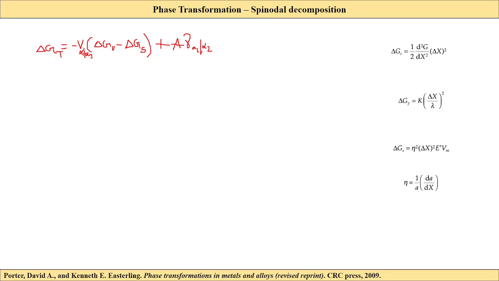V is the volume of alpha and alpha 2 being formed, and we have delta G_V, which is the volumetric free energy, and the next one is delta G_S, which is our strain energy.